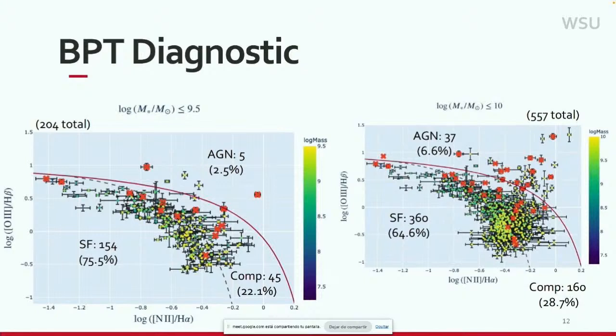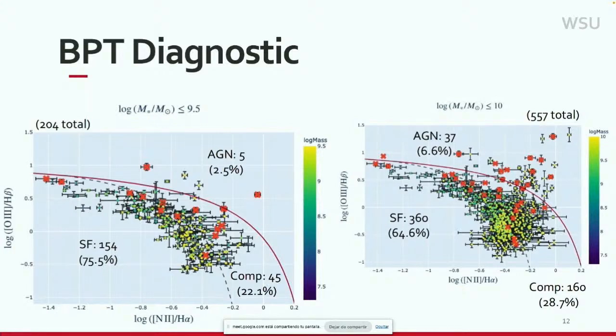On top of the black hole masses, the next thing that we did with our spectroscopy is fit to a BPT diagnostic. As I mentioned earlier, this is a plot of the ratio of certain emission lines with empirical cuts to classify the emission. On the left is the dwarf AGN candidates, and on the right is all AGN candidates.